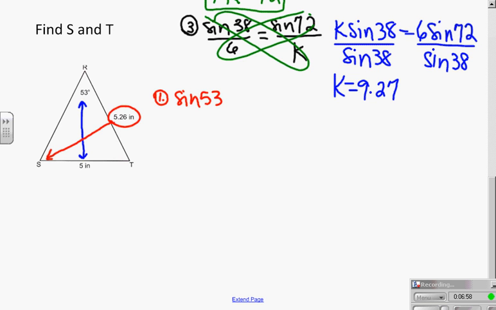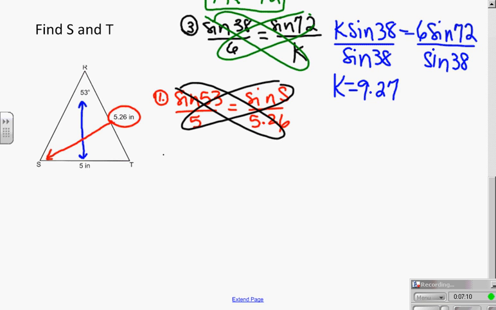So my first step is to say that the sine of 53 over 5 is equal to the sine of S, which I don't know, over 5.26. Quick cross multiply. And so I have 5 sine of S is equal to 5.26 sine of 53.